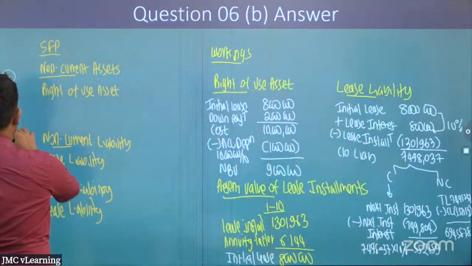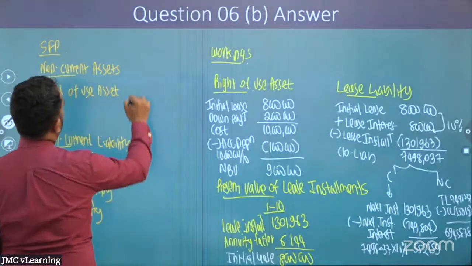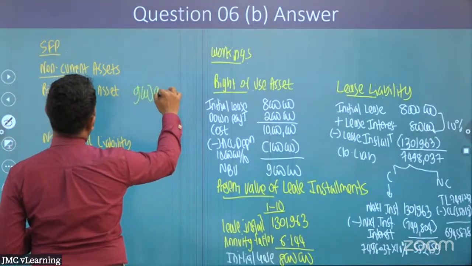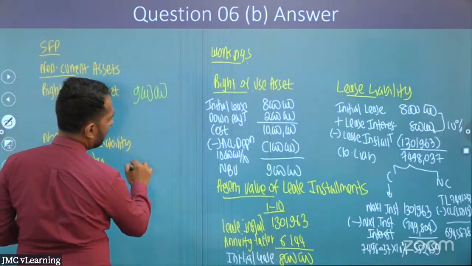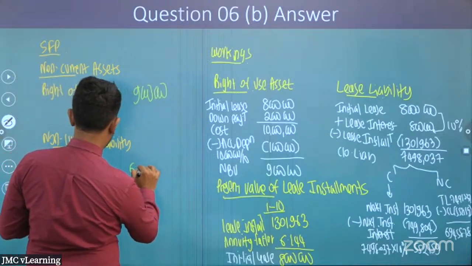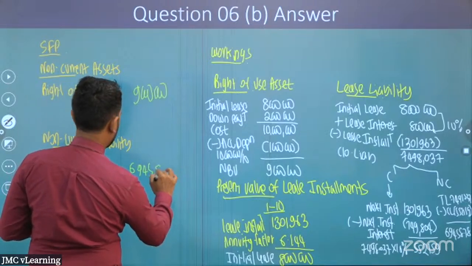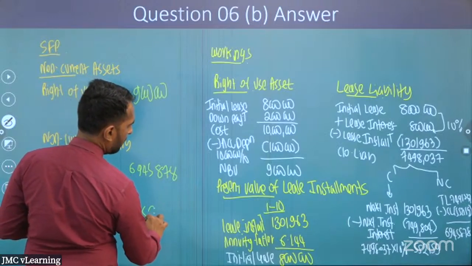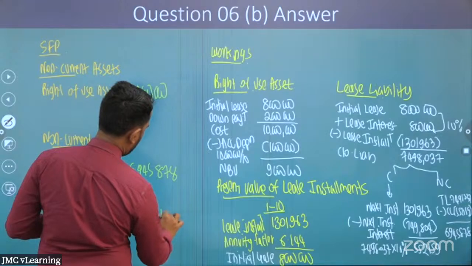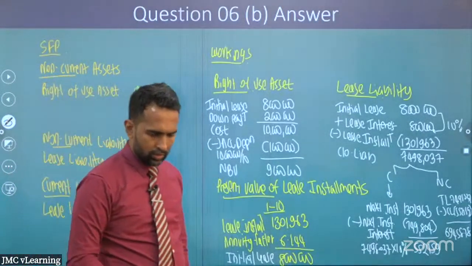So we got the answers now. Right of use asset 9 million, non-current liability 6,945,878, current liability 552,159. Good.